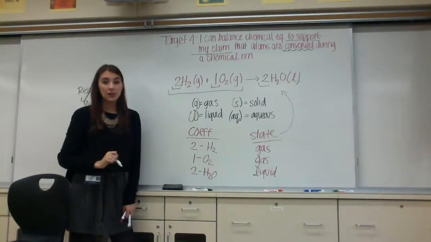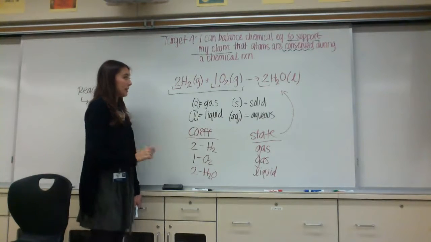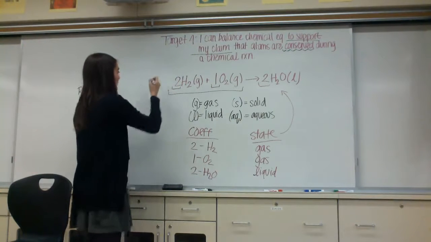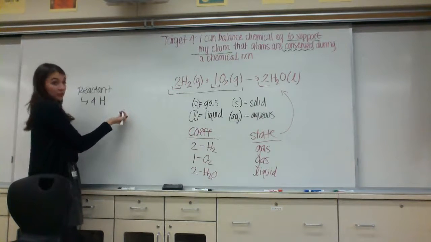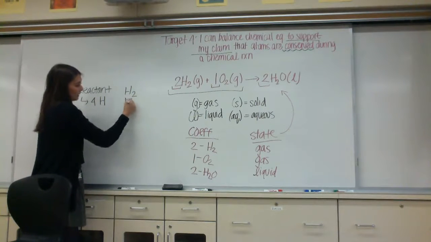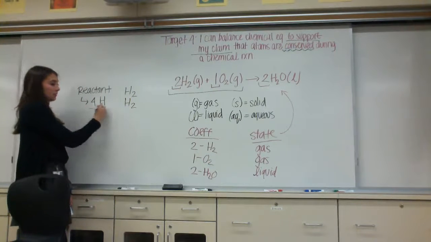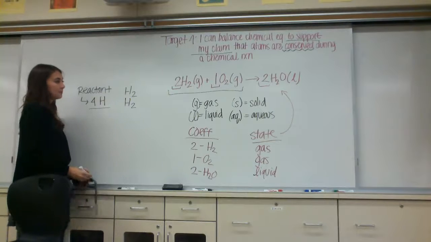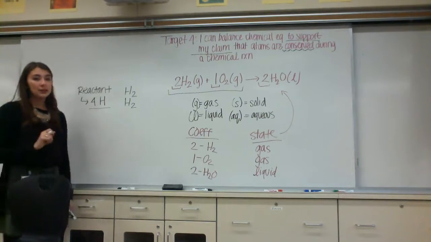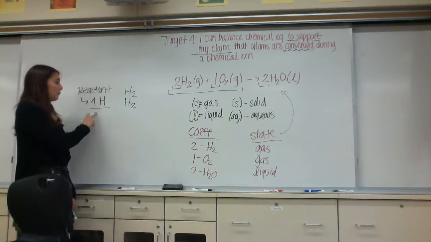If you have a coefficient, you multiply, okay? That means you have 2 molecules of H2. If I had to draw 2 molecules of H2, here's one of H2, here's another of H2. Together, how many hydrogen are there? 4, okay? So that might be a little bit confusing right now, but we will get more in depth, so don't worry yet. So I have 4H.